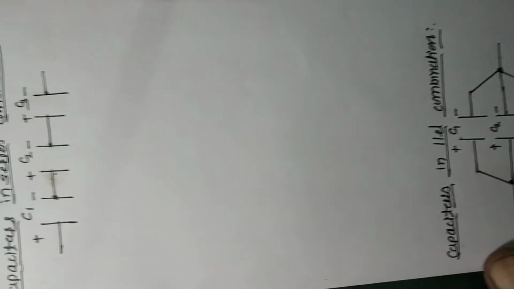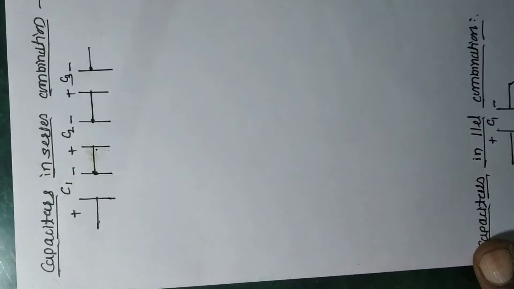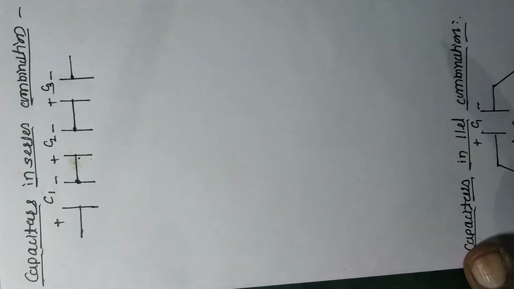Okay, there are two types of combinations, that are capacitors in series combination and capacitors in parallel combination.